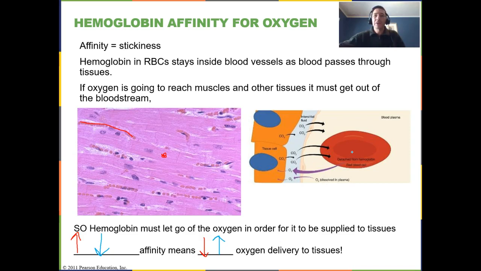Right? So over here, if you're decreasing the affinity, then oxygen goes this way. So what we want to see is decreased affinity of hemoglobin for oxygen as the blood is traveling through the tissues that need more oxygen.